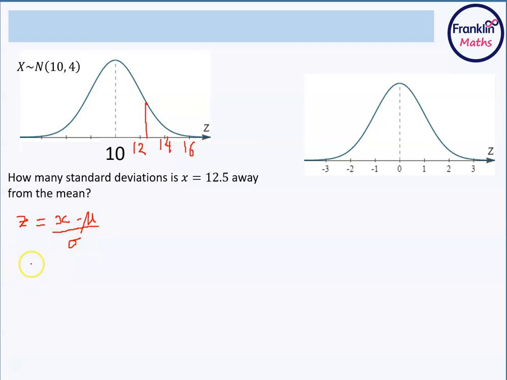Okay, so all I'm going to do is sub in the numbers. So if I want to work out z, which basically tells you how many standard deviations away something is, we're going to take x, which in this case is 12.5. We're then going to minus mu, so we're going to take away the mean. We're going to divide through by the standard deviation, sigma, which was 2.